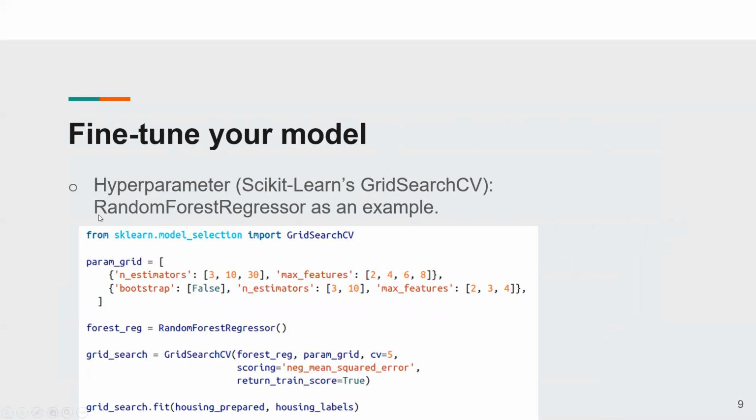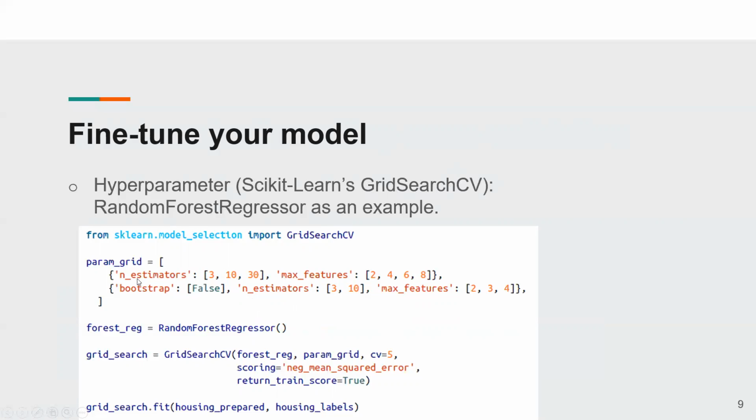Especially here, we use random forest regressor as an example. You can see that we can tune something called number of estimators, and it's going to perform some sort of grid search, a cross-validation method, to find the best hyperparameter for your model. For example, here you're taking two things.